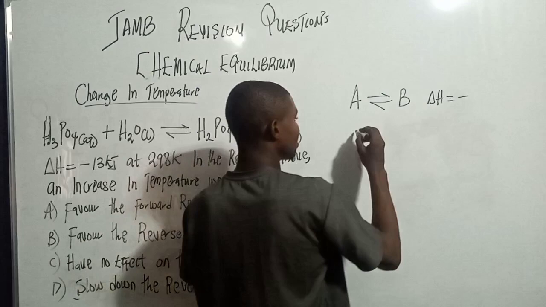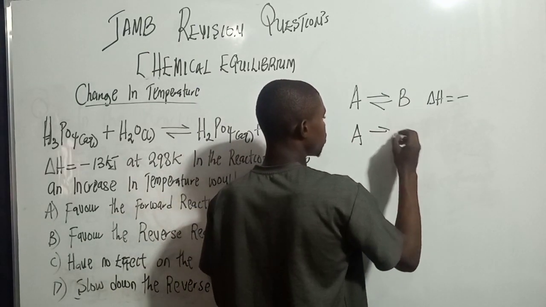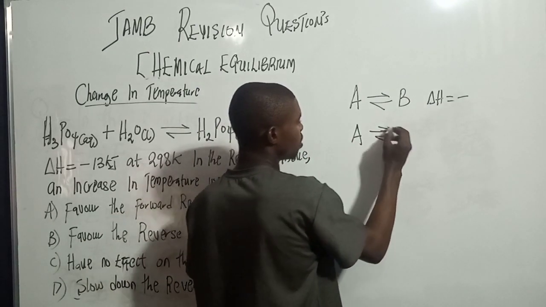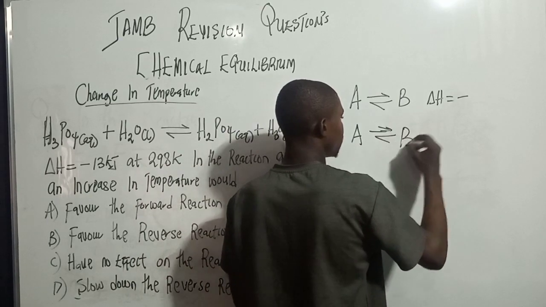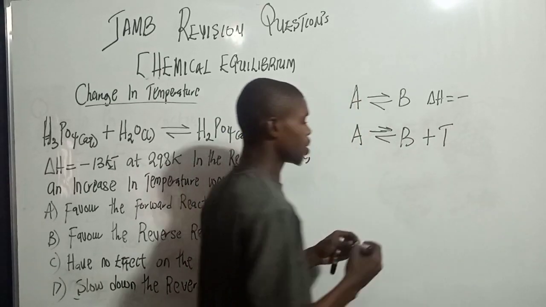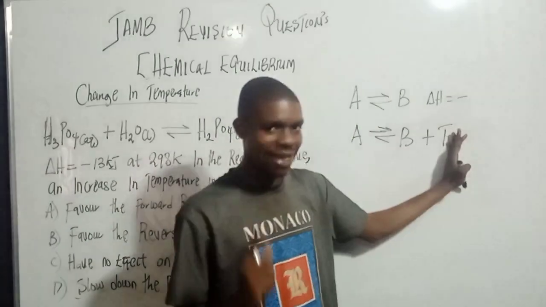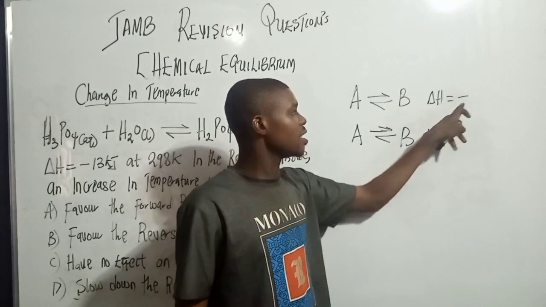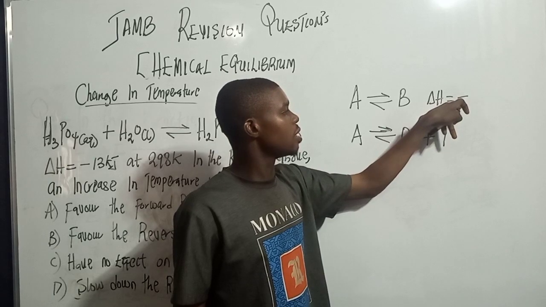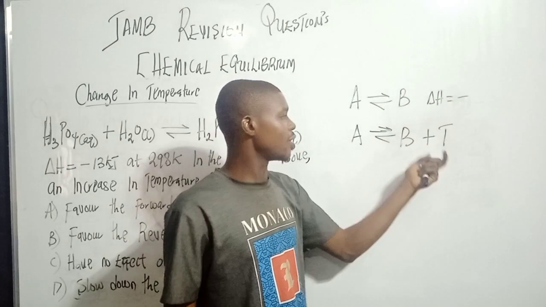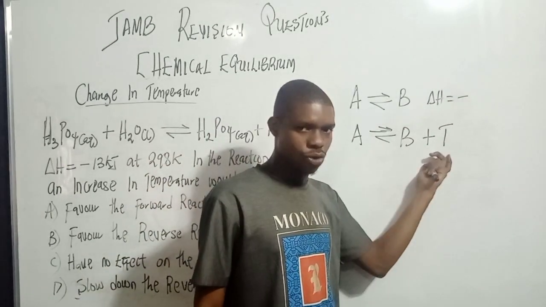So it's going to be the reaction A plus, T on the product side. Now the reason why T is on the product side here is because it is negative, so it will be treated as a product.